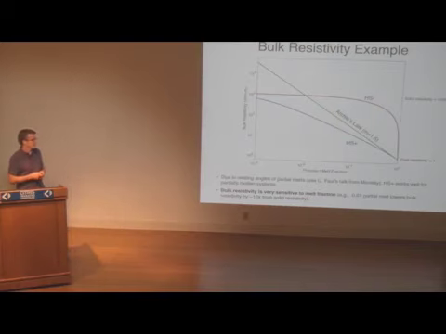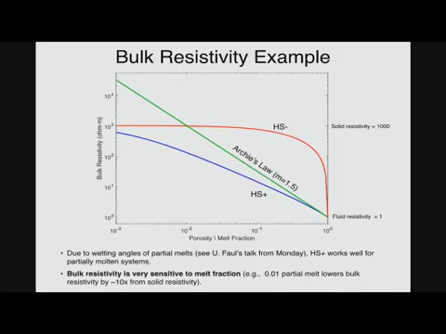So for example, if this was a basalt or a peridotite, and this was melt, then even a small amount of melt is going to give you this nice enhancement in conductivity. This is one of the primary reasons why EM techniques are good for mapping melt. If you remember from Uli Fall's talk on Monday, he showed those images where you could see the melts coating the grain boundaries.